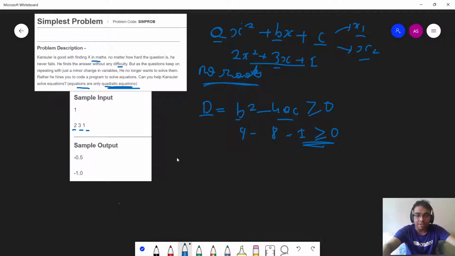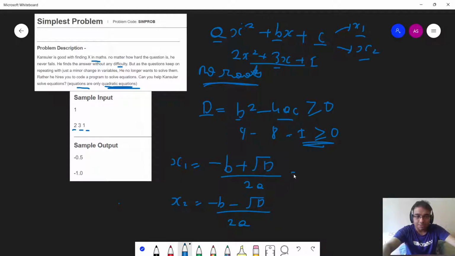Now, in order to find the roots, we can simply find them using the quadratic formula, which is minus b plus under root of d, divided by 2a, and the other root is minus b minus under root of d, divided by 2a.